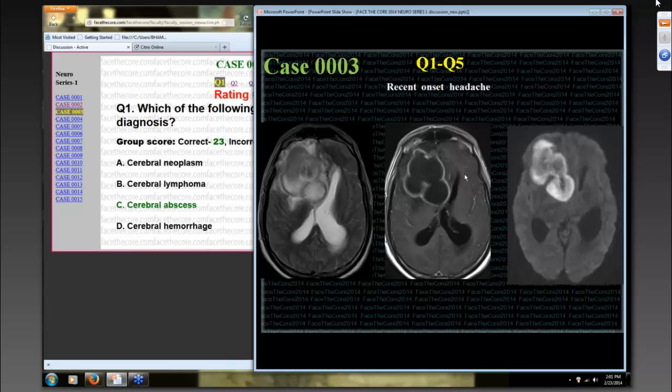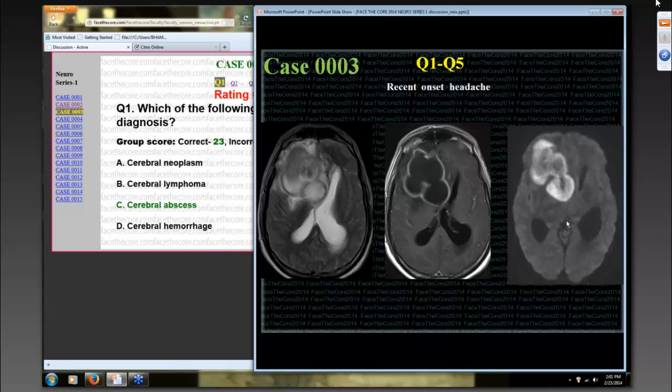Cerebral lymphoma, again, as I said in the previous case, you expect a very solid enhancement, but it is very unusual to have so much necrosis in a lymphoma unless the patient is already on treatment. Even then it will look similar to a necrotic tumor rather than a uniform thin wall like what you see in these cases.